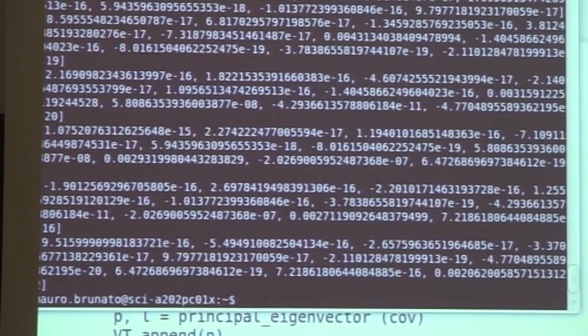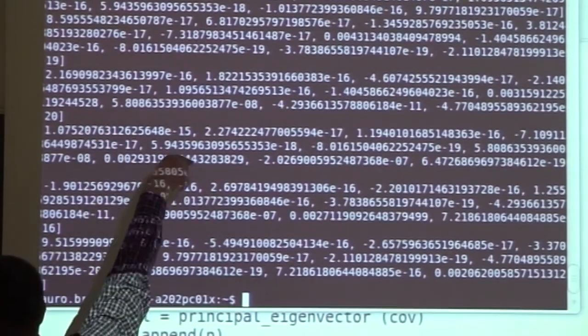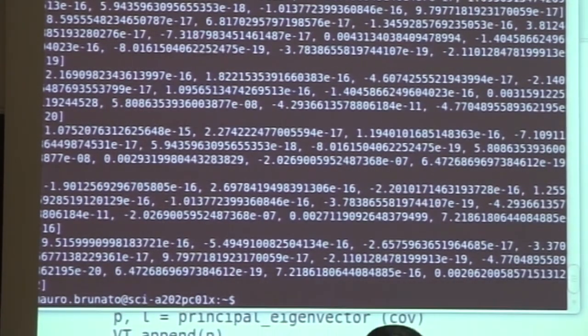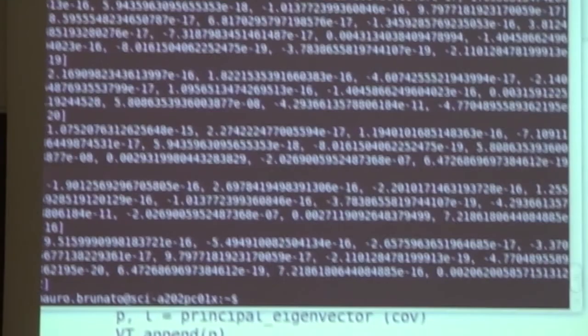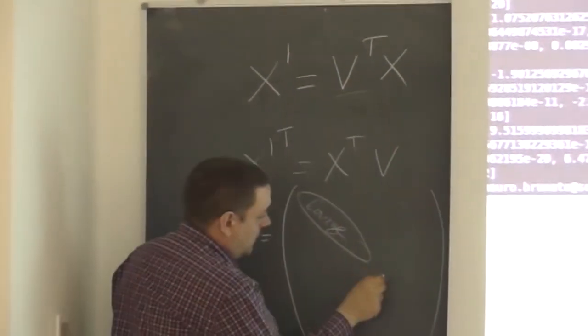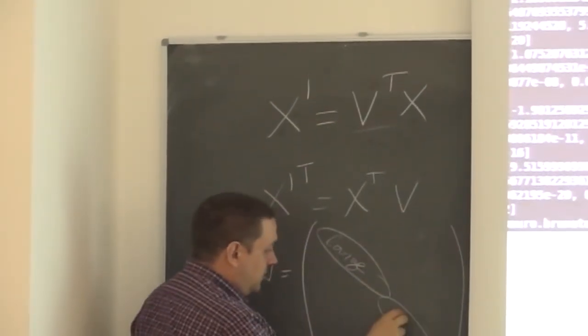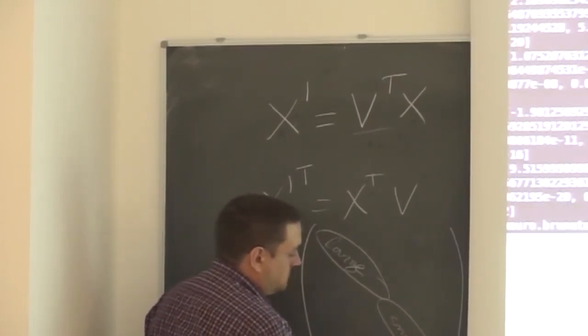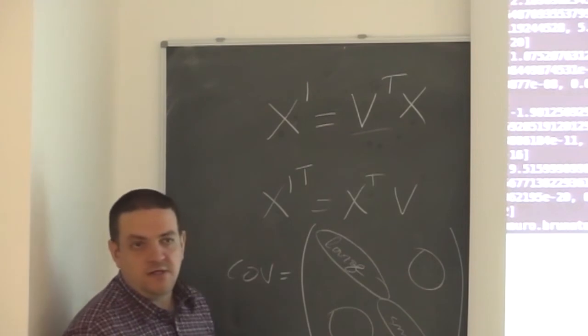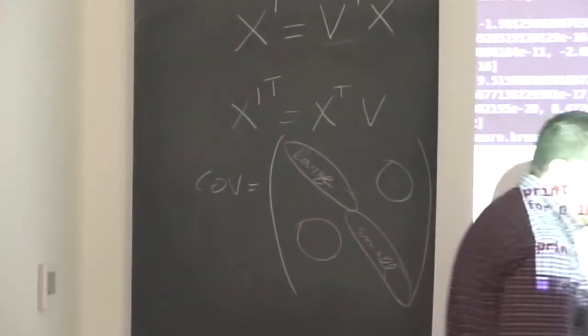Of course, it's much more difficult to read everything because we have 10 dimensions now, but you should be able to see that in this case the covariance matrix is a 10 by 10 matrix where the first 5 elements in the diagonal are large, the other 5 elements in the diagonal are small, and here we have very small values.